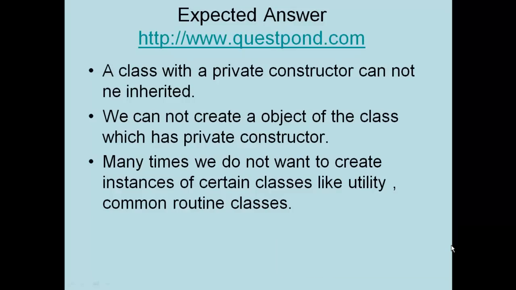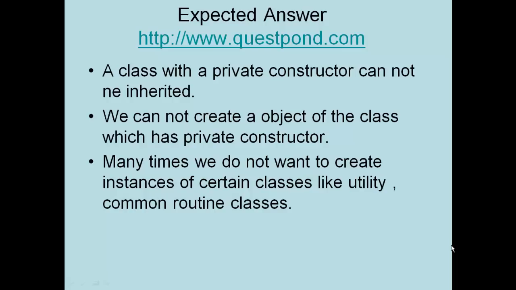So above are the three important points which the interviewer is expecting. First, when you declare a constructor as private, you cannot inherit the class, neither can you create an object of the class. And the third point which he is expecting is in which conditions you will use the private constructor. The private constructor will be used when you do not want to create instances of certain classes.